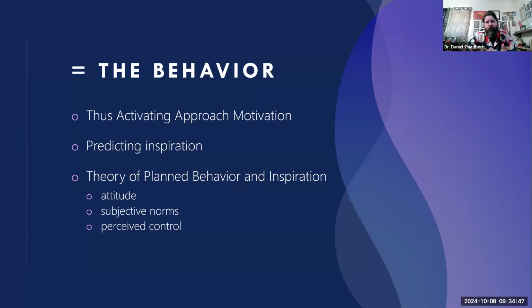And then also perceived control. And this comes down to how much control the student, in this case, feels that they have over the situation. So a student who works 40 hours a week might have less perceived control to study as much because they have other things going on in their life. A student taking care of their family is going to have maybe less perceived control over student-related activities.